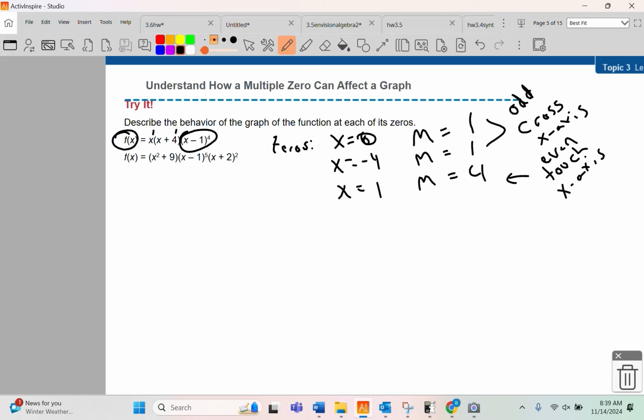Y'all are telling me that thing has 3 zeros. Check again. That should have 0.